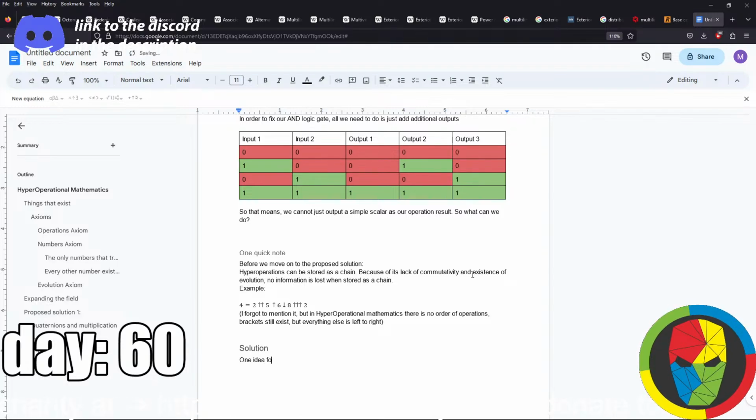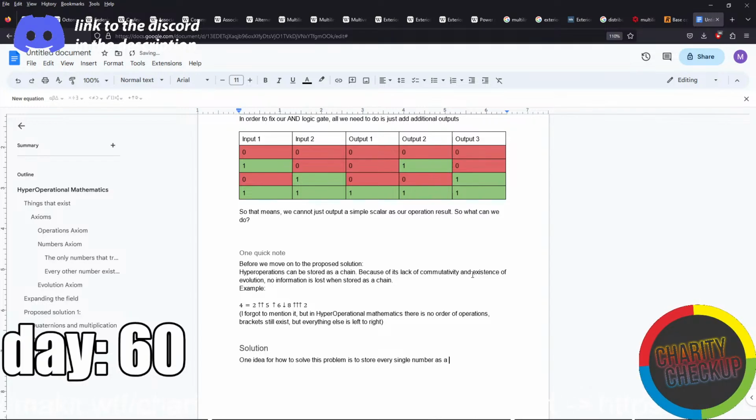One idea for how to solve this problem is to store every single number as a chain of operations until it has to be computed.